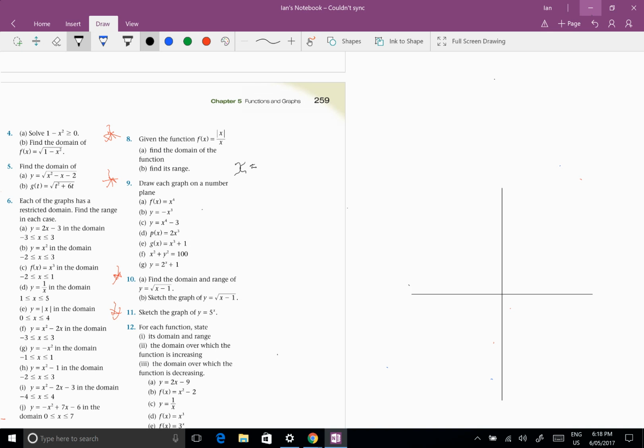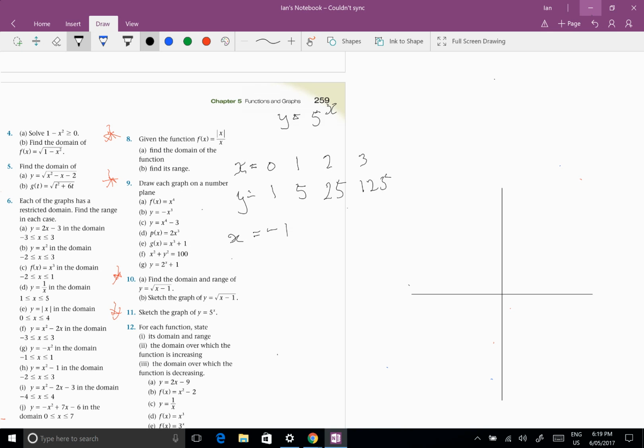So I'm going to try x equals 0. Well, y equals 5 to the x. 5 to the 0 is 1. Let's try 1. 5 to the 1, well, that's 5. 5 to the 2, well, that's 25. 5 to the 3, that's 125.